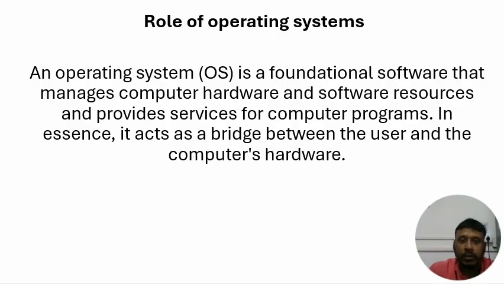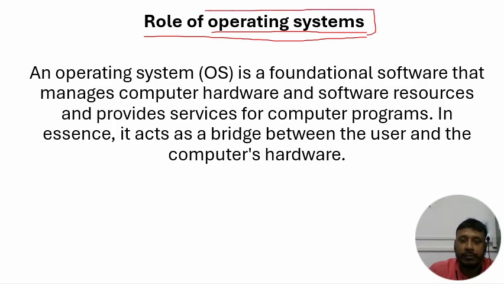So first of all, what is the role of an operating system? We all have heard about the term operating system, which is related to any computer system. Operating system is basically a system software which generates a platform in which the other application software is used, and which handles the hardware resources of any computer system.